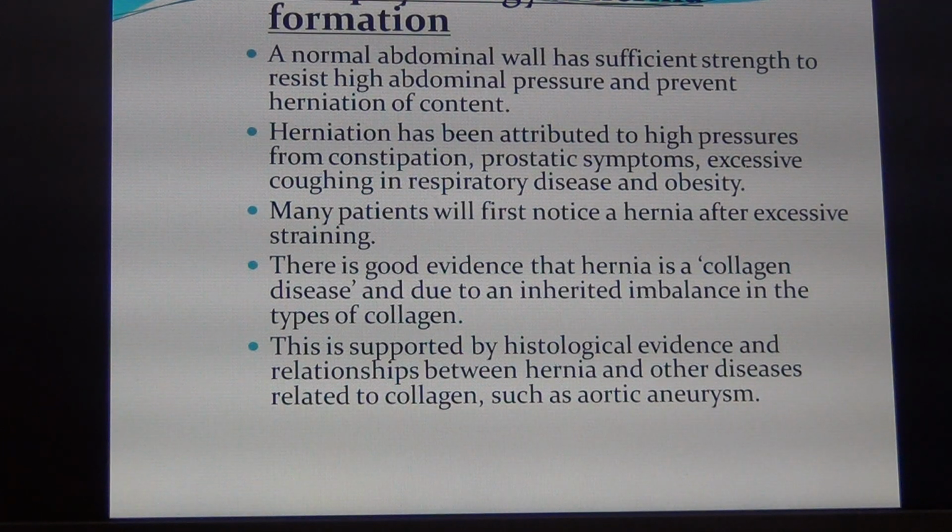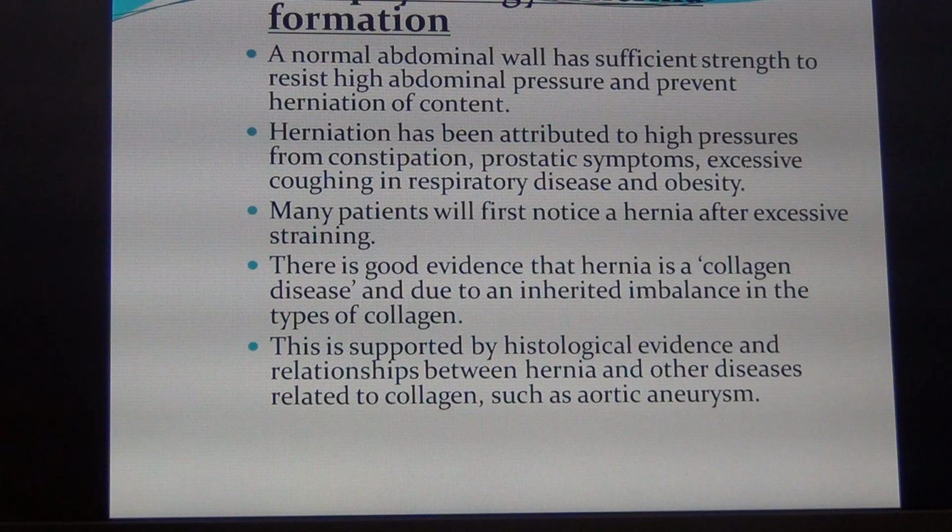Pathophysiology of hernia: how will a hernia form? A normal abdominal wall has sufficient strength to resist high abdominal pressure and prevent herniation of contents. This is normally. But herniation has been attributed to high pressure. If there is high intra-abdominal pressure from constipation, prostatic symptoms, excessive coughing, respiratory disease, and obesity, this will lead to increased intra-abdominal pressure, and many patients will first notice a hernia after excessive straining.